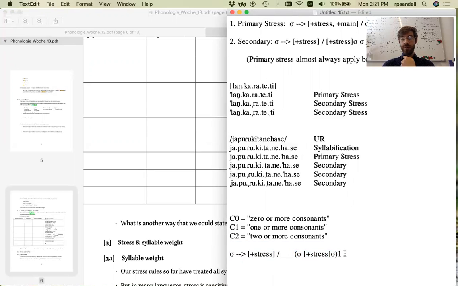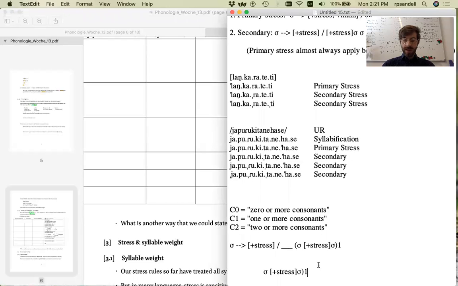or two such sequences. If there were two such sequences, then we would have a sequence syllable, and we've forgotten the word edge here. No, we don't need to reference the word edge, sorry. If we had two such sequences, then it would look like this, and that would assign stress to a syllable that is followed by one syllable, and then a stressed syllable, then another syllable, and a stressed syllable.